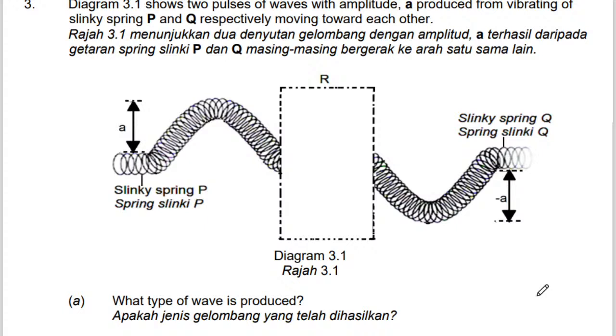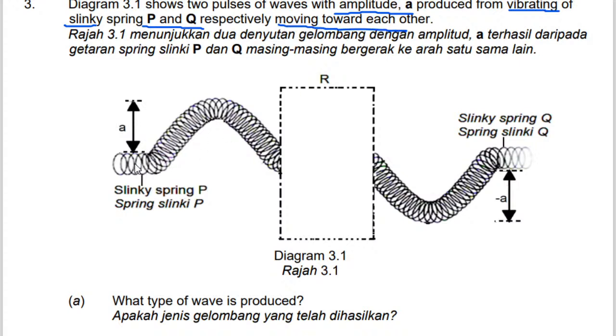Now look at question number 3. This is from the chapter Waves, Form 5. Diagram 3.1 shows two pulses of wave with amplitude a. Normally we use capital A, but this question uses a small a, it's fine. Amplitude a is produced from vibrating slinky springs P and Q respectively, moving towards each other.